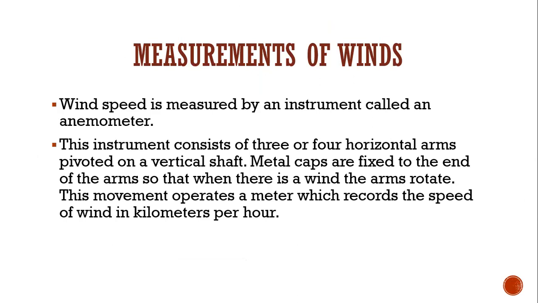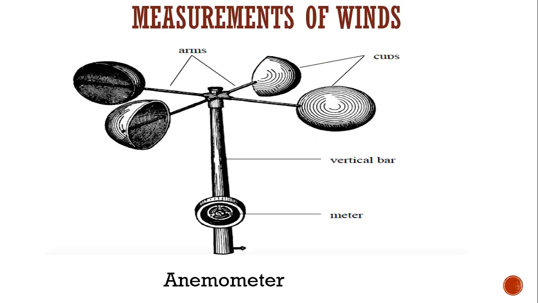This instrument consists of three or four horizontal arms that are pivoted on a vertical shaft. Metal caps are fixed to the ends of the arms so that when there is wind, the arms rotate. This movement operates a meter which records the speed of wind in kilometers per hour. This is just a diagram that illustrates the anemometer.